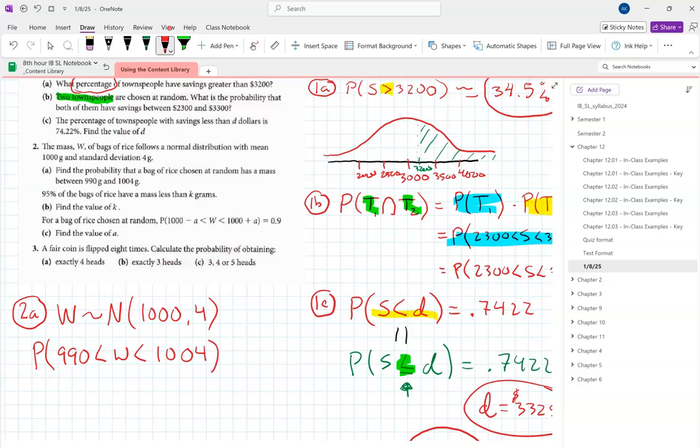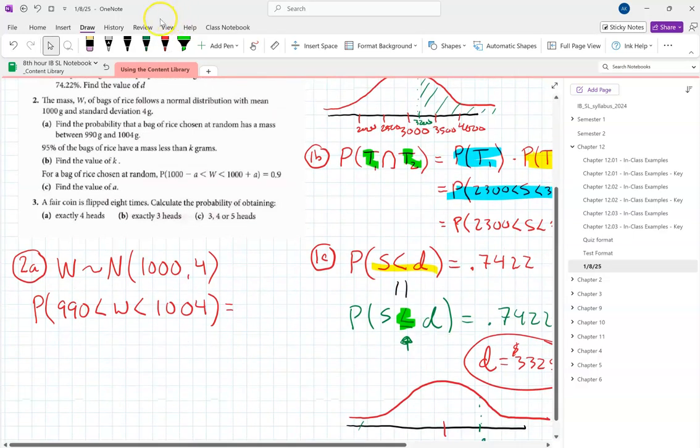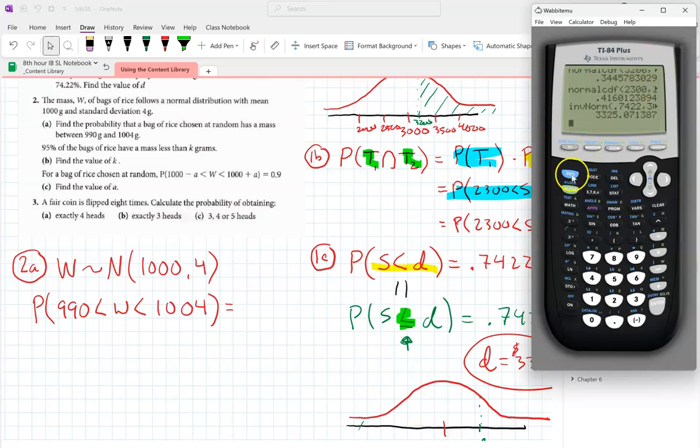So that's what I'm looking for, correct? What do I use in my calculator? Normal CDF. My lower is 990. My upper is 1004. My mean is 1,000. And my standard deviation is 4. So 0.835.